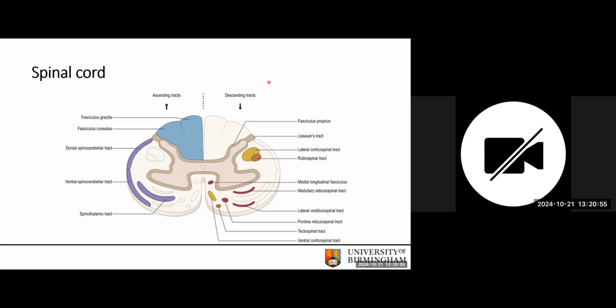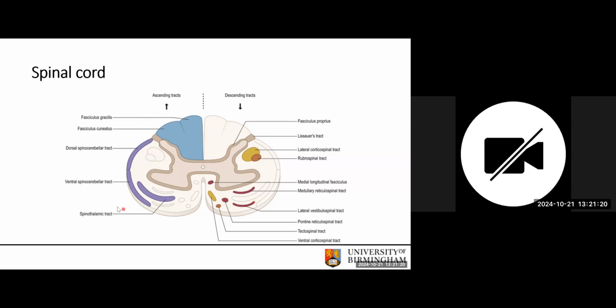So it comes from the brain, and then it will descend through the spinal cord to be able to reach your lower limbs. Okay, so that's why the sensory pathways are known as ascending tracts, and the motor pathways are known as descending tracts.